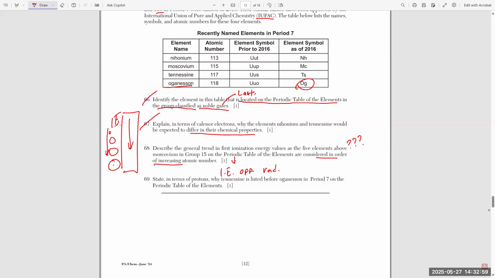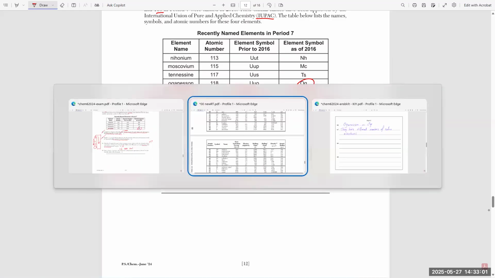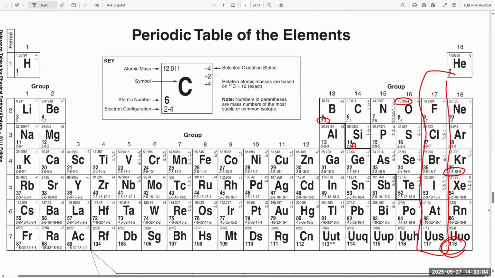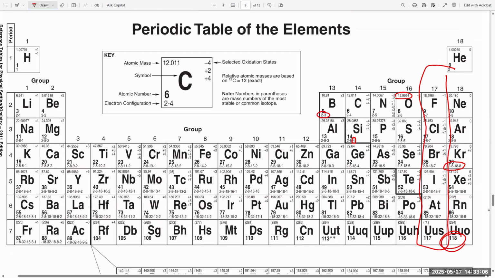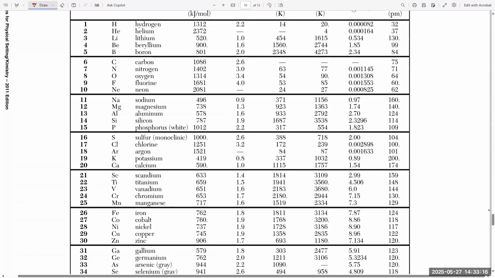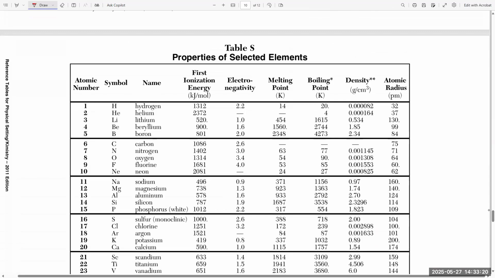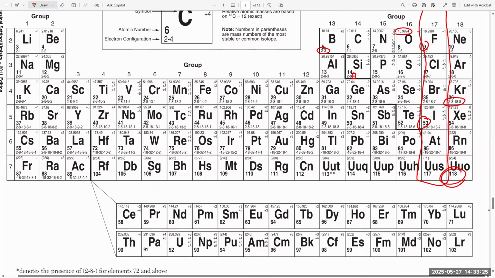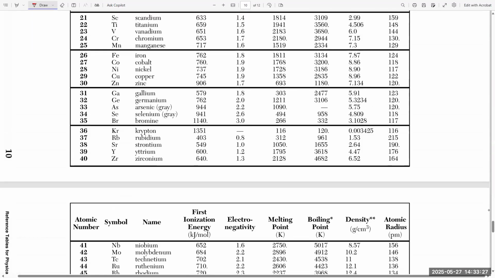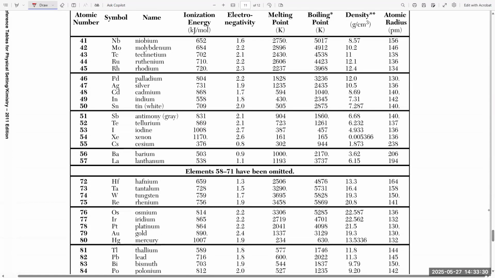The other way to solve this is to pick a representative group and just look at the trend. So we can go back to a halogen and take a look. Fluorine, number 9, and then let's look at iodine, 53. For number 9, the ionization energy is 1681. When you go down to 53, you notice ionization energy is 1008.